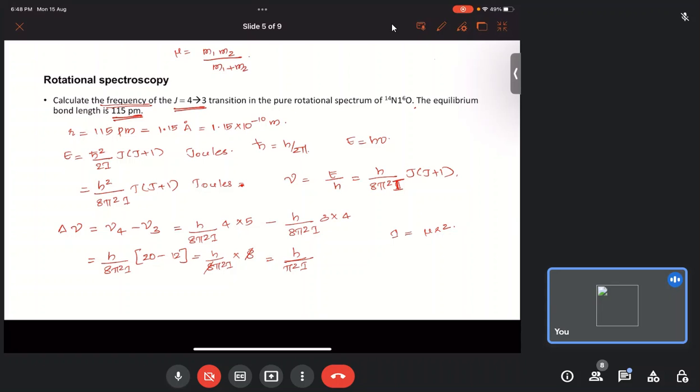Here m1 can be taken as 14 and m2 can be taken as 16, and these values are in AMU. So this is going to be 14 into 16 divided by 14 plus 16.